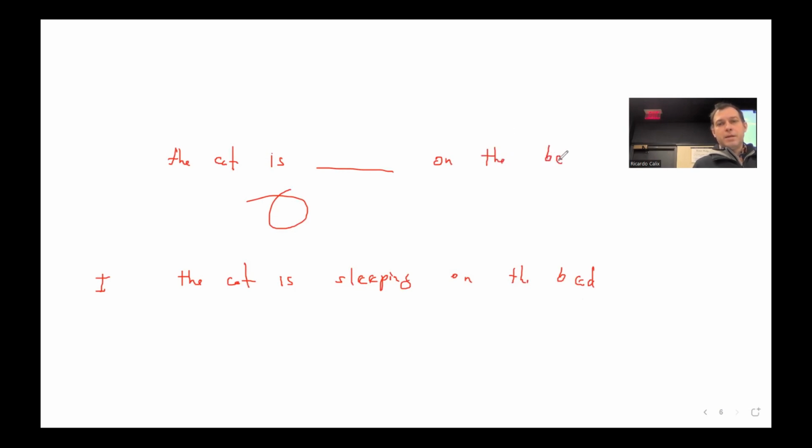On the bed. Do you get how it's semi-supervised now? Guys? This is the input, this is the output. So this is the X, this is the Y. What it learns to do is what? Fill in the blank.